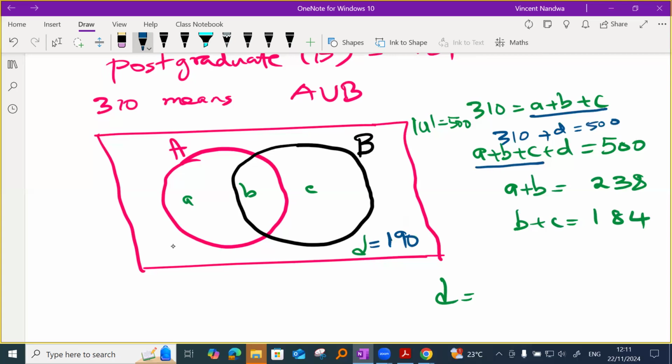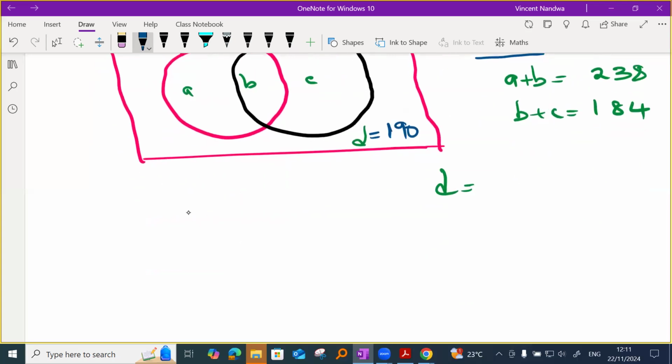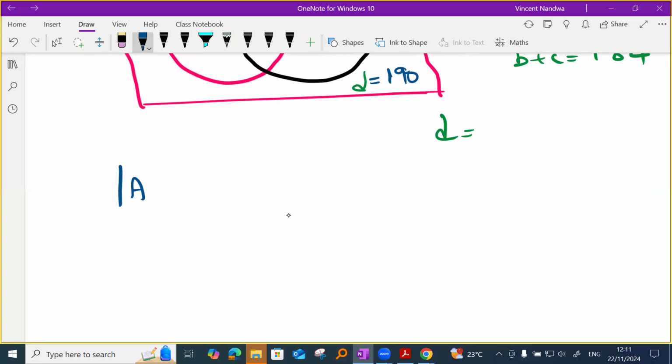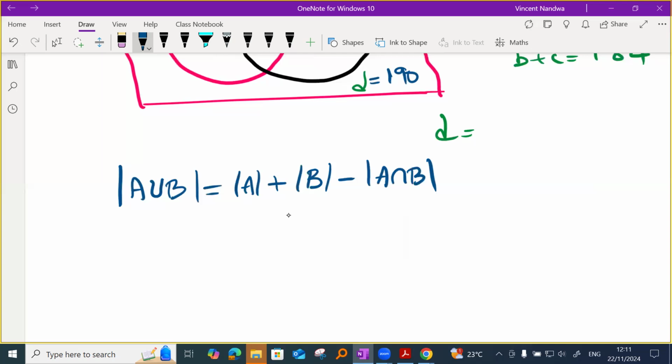And then, remember this 310 is the same as the union of A and B. By the inclusion-exclusion principle, the cardinality of A union B is the cardinality of A plus the cardinality of B, minus the cardinality of A intersect B. The union is 310.